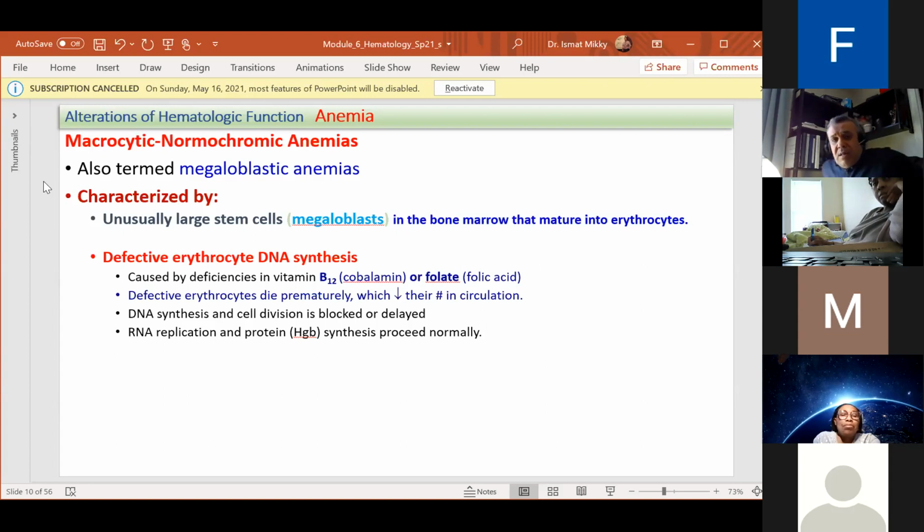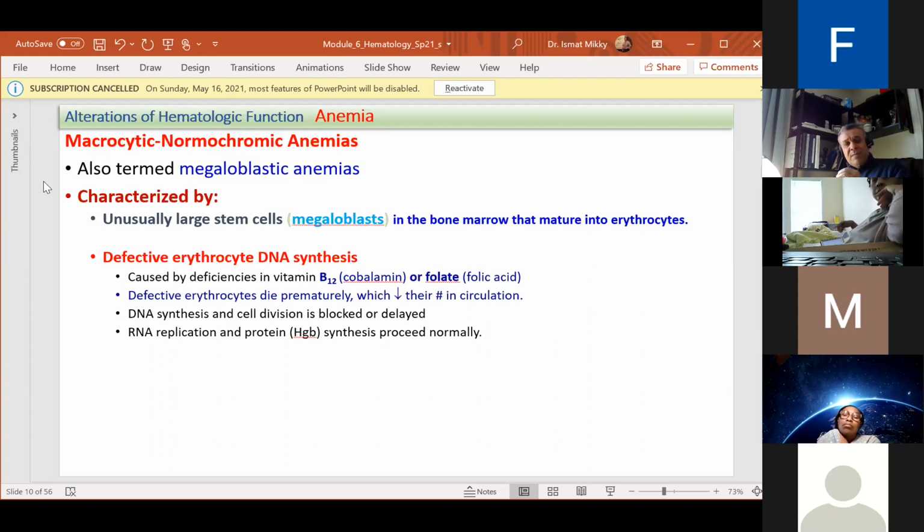And so we'll take a few different types of anemia. The first one is macrocytic normochromic anemia. Macrocytic normochromic is just that the size is large, right? The amount of hemoglobin is fairly normal.